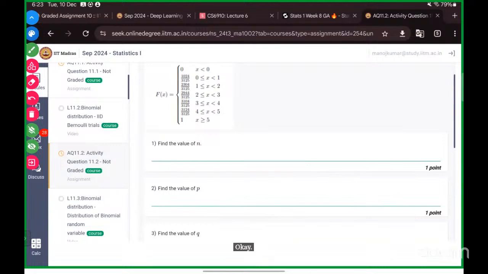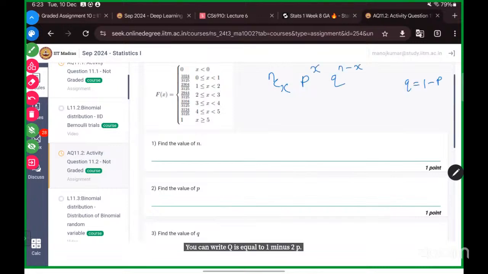Yes. This is okay. So I was mentioning that you can write q is equal to 1 minus p.